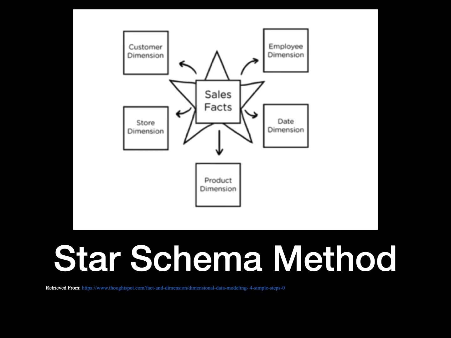Here's an example of the star schema. You see that in the center, the basic fact table can be surrounded by dimension tables. This method is simple and efficient. It helps keep us focused and understand organizational goals and what we need to work on.